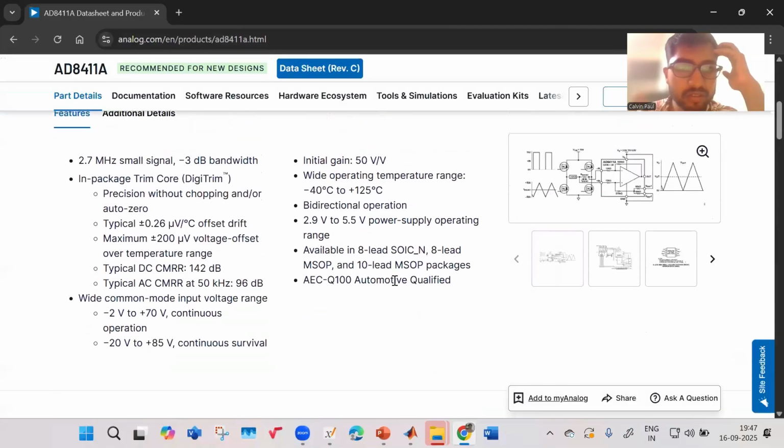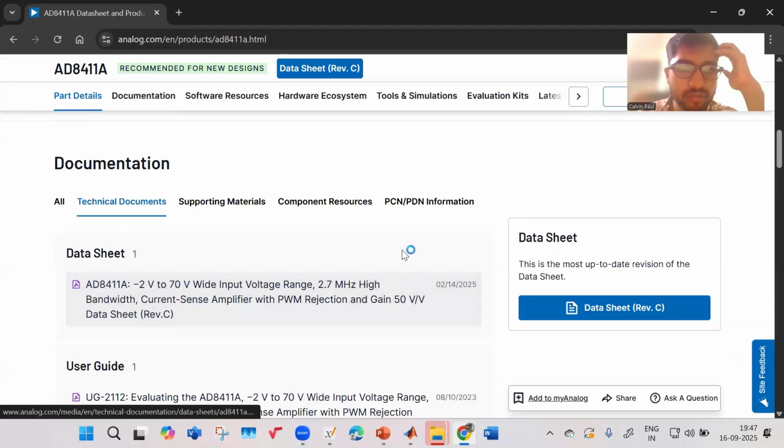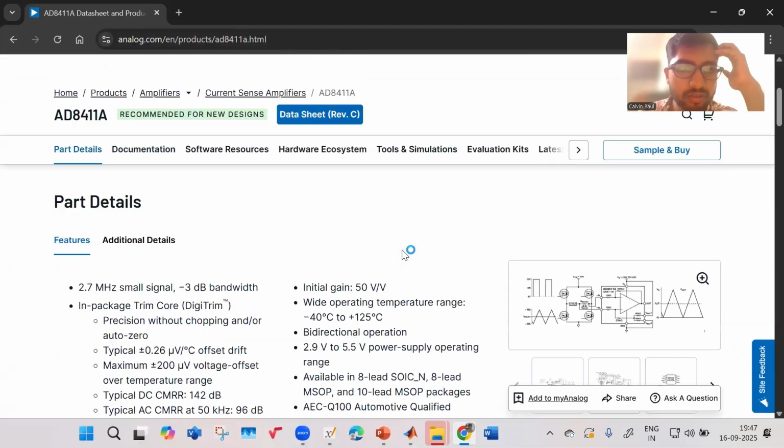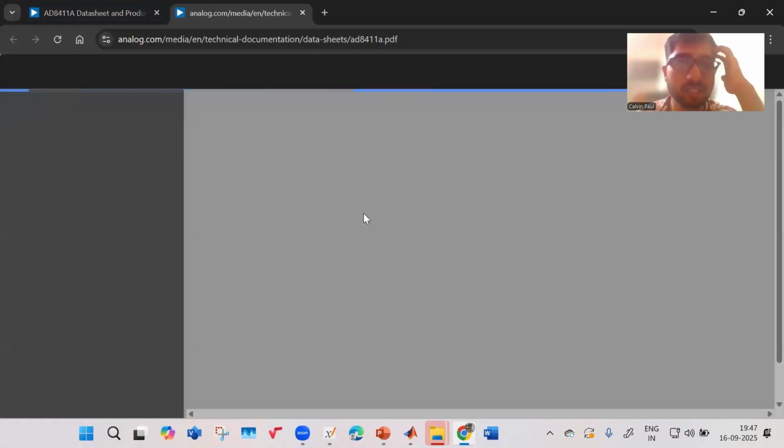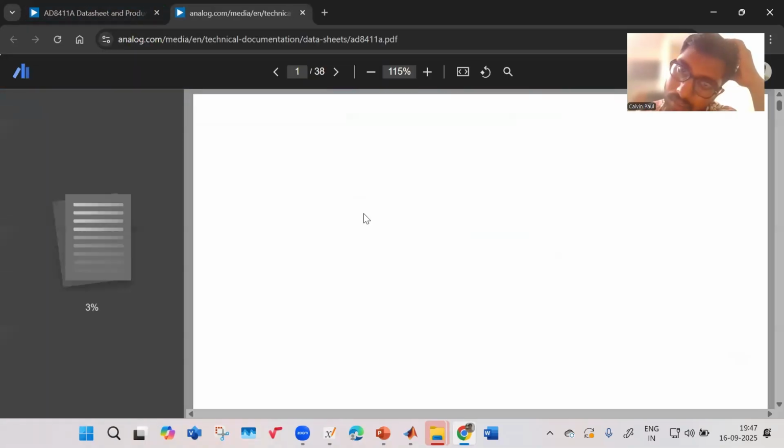Can measure... to be given. This is not given in the data sheet. See.